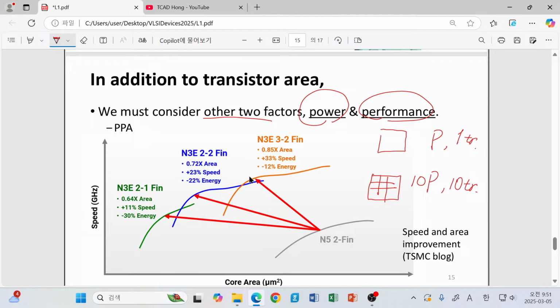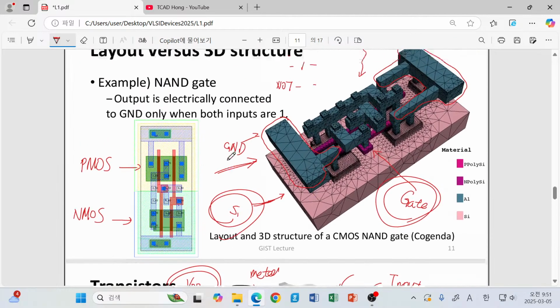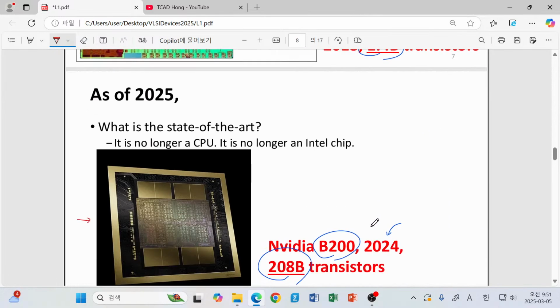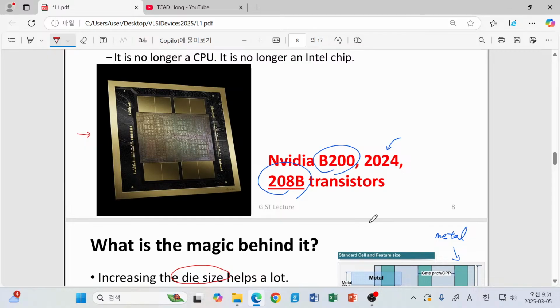So now think about this one. Compared with Haswell, Blackwell has more than 100 times more transistors. So if we do not get any kind of power efficiency, then roughly speaking, we have to provide 100 times more power to operate our state-of-the-art GPU compared with an old-time CPU.